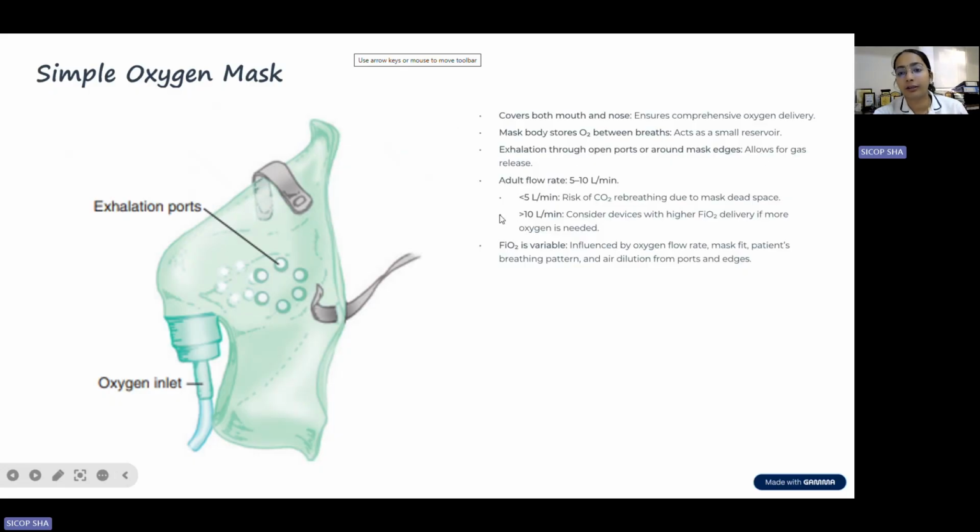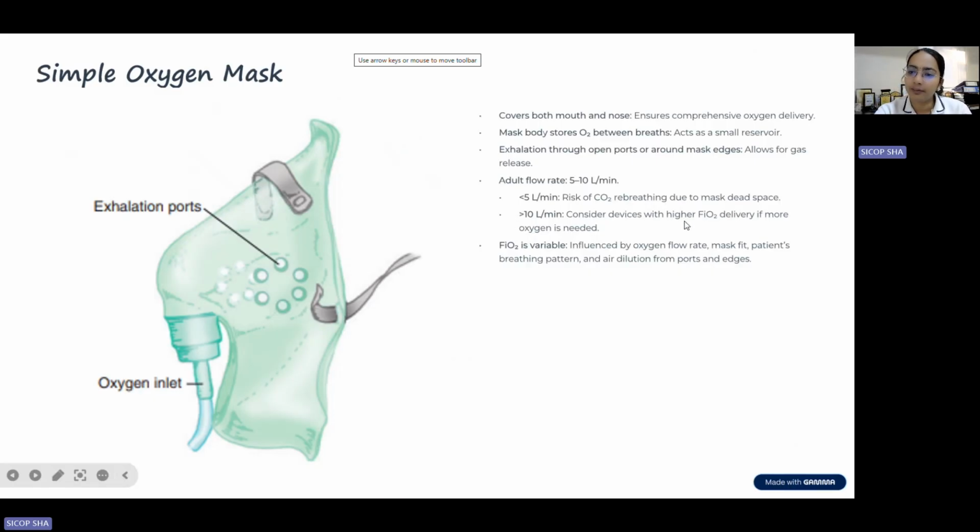When you talk about the oxygen flow rate, this reservoir system will only work if the flow rate is more than 5 liters per minute. If it is lower than that, you risk that whatever CO2 comes out will be re-inhaled. So whenever you see a mask, keep in mind that the oxygen flow rate has to be more than 5 liters per minute.